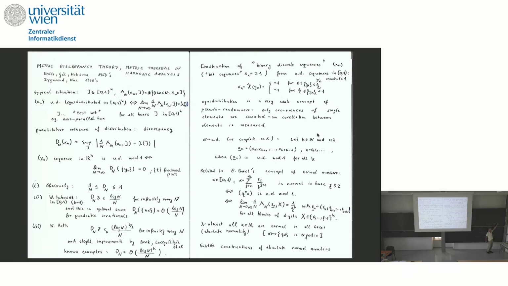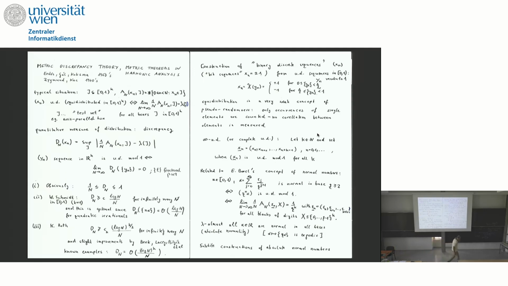If I remember correctly, in dimension 3, the little quantity is 1 over 8. This was known by Beck earlier, and then it was done by this group around Mike Lacey.